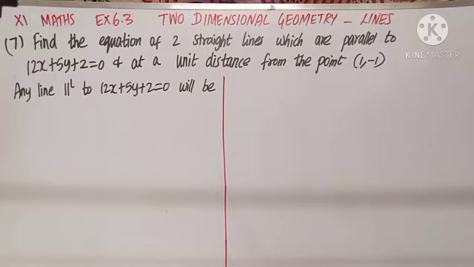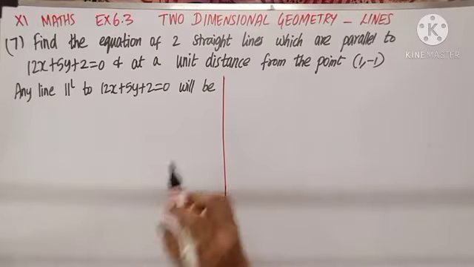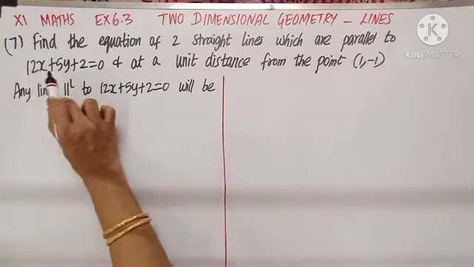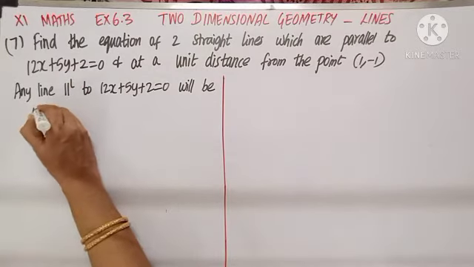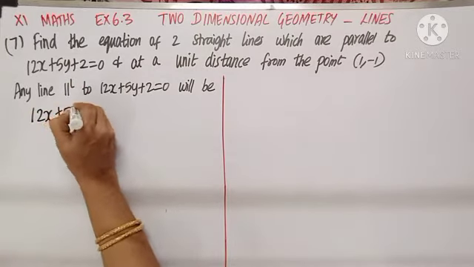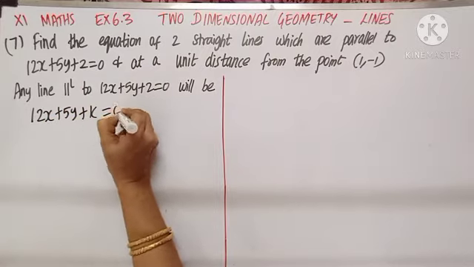Question number 7. Find the equation of two straight lines which are parallel to 12x + 5y + 2 = 0 and at a unit distance from the point (1, -1). Any line parallel to 12x + 5y + 2 = 0 will be 12x + 5y + k = 0.